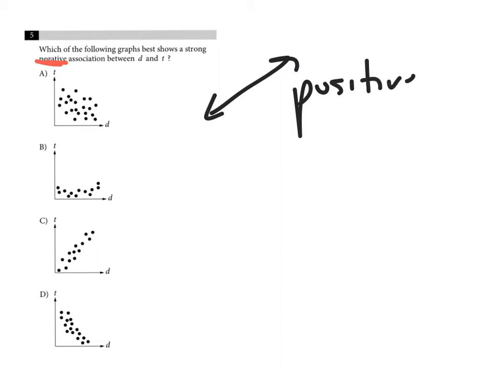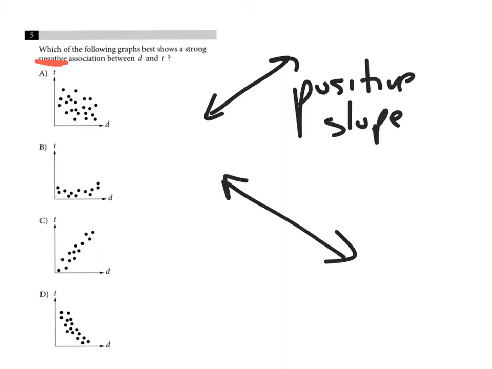Problem 5, which of the following graphs best shows a strong negative association between D and T? Well, this goes back to geometry. You were taught that lines that go from bottom left to upper right have a positive slope, and lines that do the opposite, going from upper left to bottom right, have a negative slope.